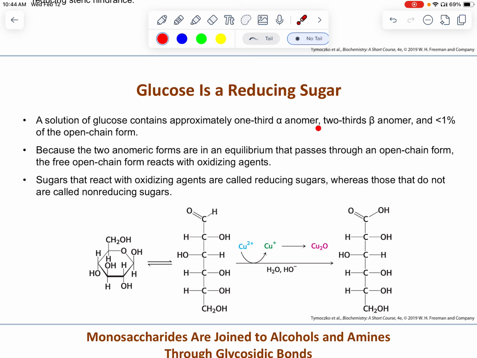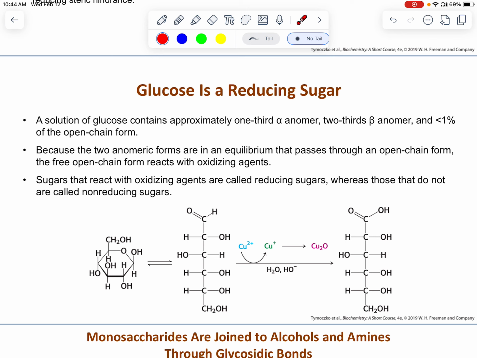We could have the alpha anomer, the beta anomer, and the open chain form. To go from the alpha to the beta, we have to go through the open chain form. The open chain form is a very, very small percentage, but because it is potentially in this form, that open chain form can react with oxidizing agents.